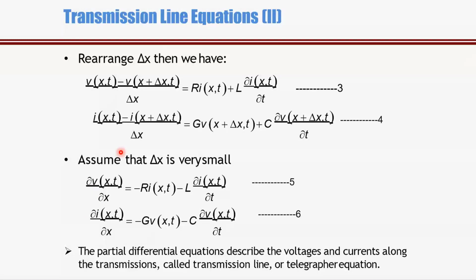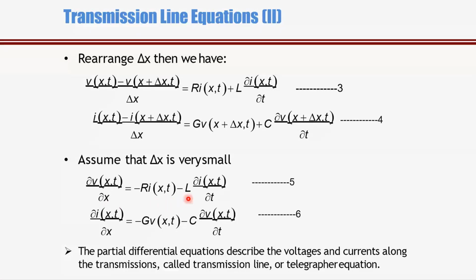So instead of this whole expression, we can write dou V of x,t by dou x. Dou represents variation in that particular parameter, and dou x represents that the variation is according to the small change in length x.